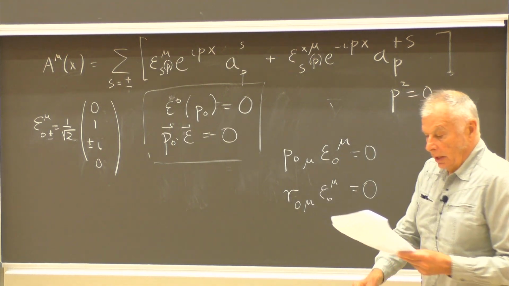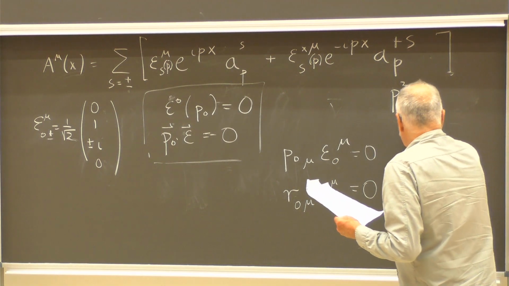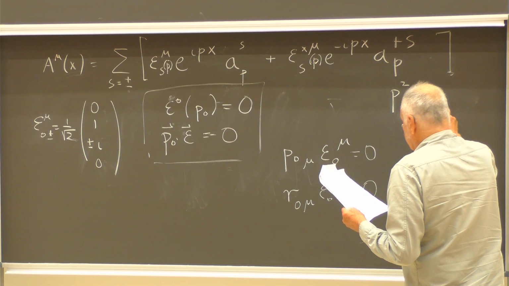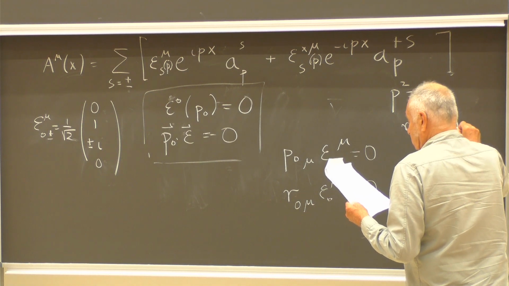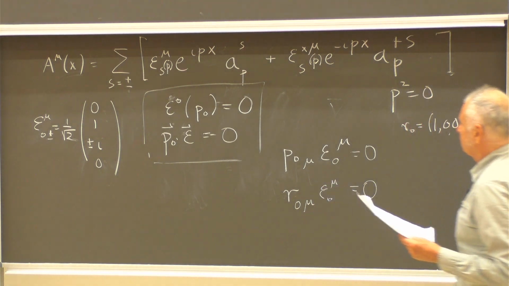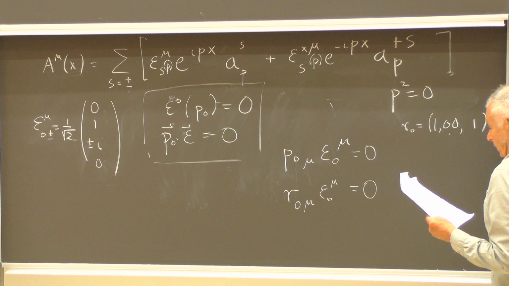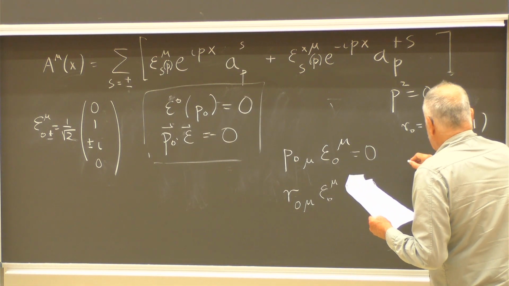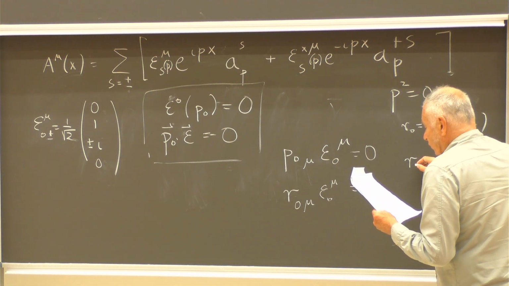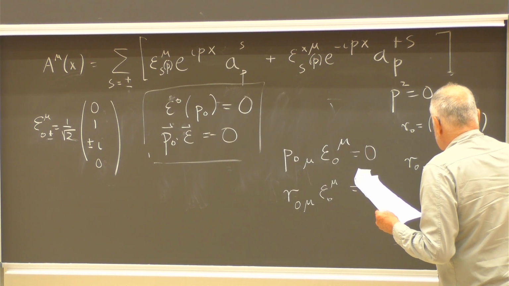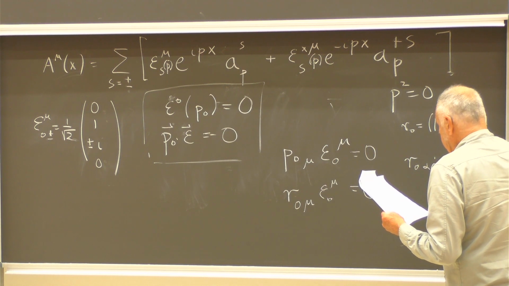Where R0 is a light-like vector, plus or minus 1 here. And since it's a light-like vector, I can write it in a spinor helicity notation.